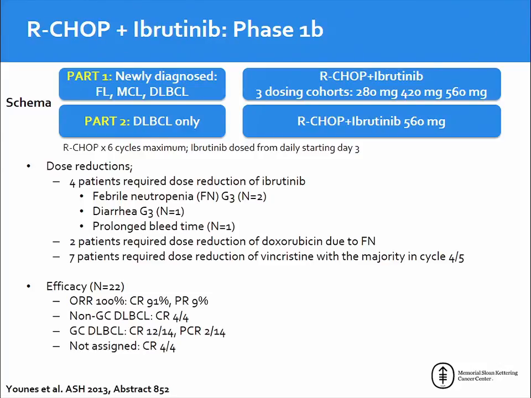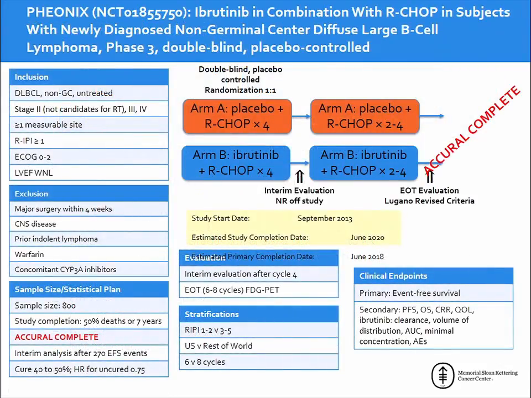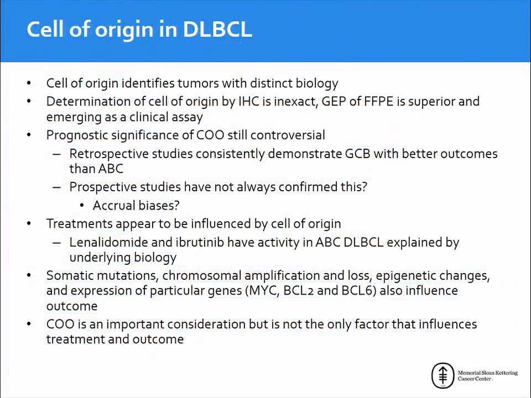So a high complete response rate. This has led to a prospective randomized study. The accrual is complete, but the analysis is still pending. And this was rituximab and CHOP plus placebo versus rituximab CHOP plus ibrutinib. We should be getting these results in the next 18 months or so.